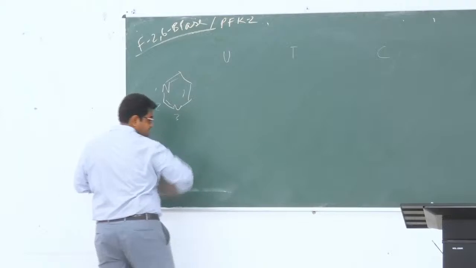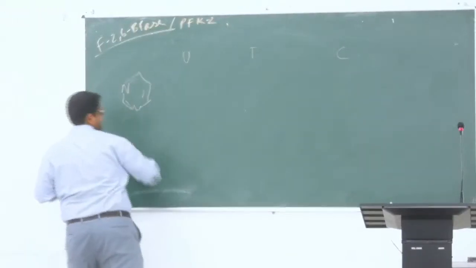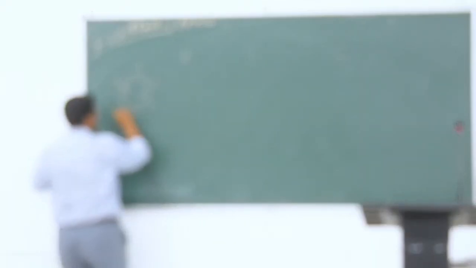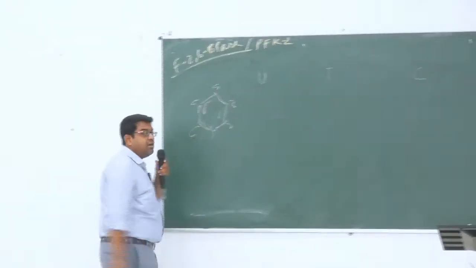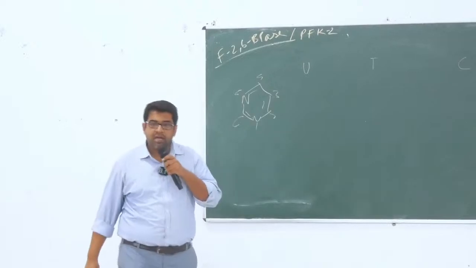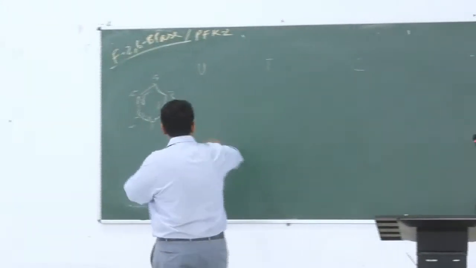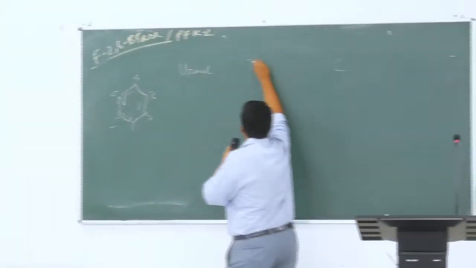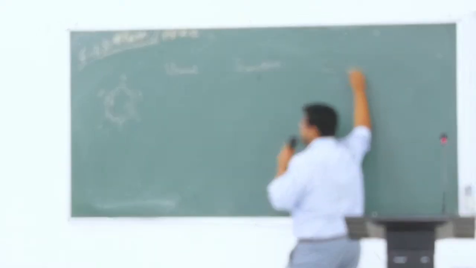Sorry, here the numbering starts from the lower one. 1, 2, 3, 4, 5, 6. Okay. So this is your pyrimidine ring. Now you have U. U stands for uracil. T stands for thymine. C stands for cytosine.